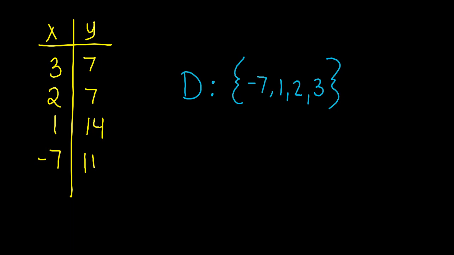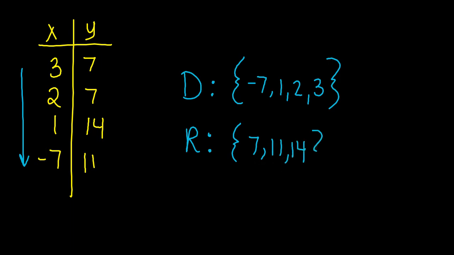Even though in the chart they look like they're going 3, 2, 1, -7, when I write them in my set, we're always going to write them in order. And our range is going to look like what? Cool. So our range should look like 7, 11, 14. Yes, I know there were 2 7s here, but we don't repeat numbers when we're writing a set. We're only going to write that number once.